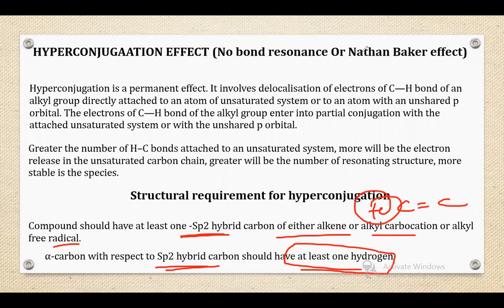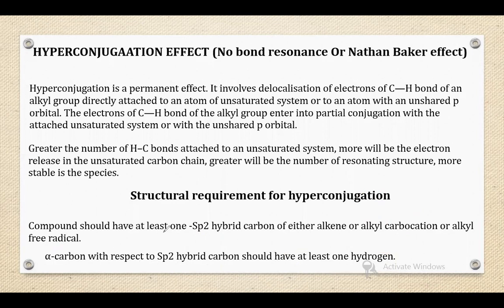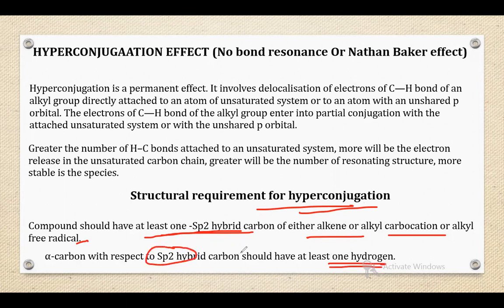So understand properly: the compound should have at least one sp2 hybrid carbon, either an alkene, an alkyl carbocation, or an alkyl free radical. The alpha carbon with respect to the sp2 hybrid carbon should have at least one hydrogen. If both requirements are fulfilled, hyperconjugation takes place.